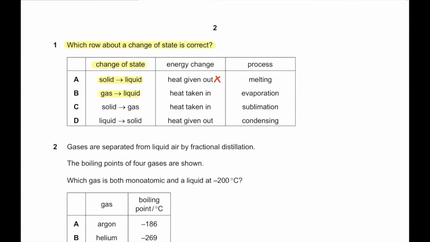When anything changes from gas to liquid, it gives out energy, so heat is not taken in, heat is rather given out. Anything that changes from solid to gas must absorb heat energy, so heat is taken in, correct? And the process is called sublimation. So C is the correct answer.